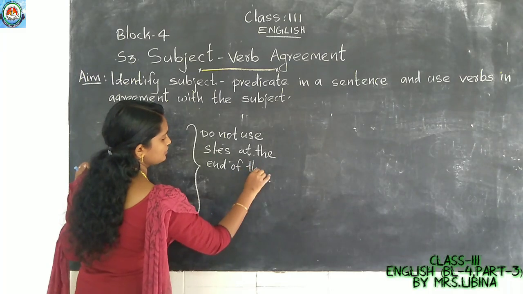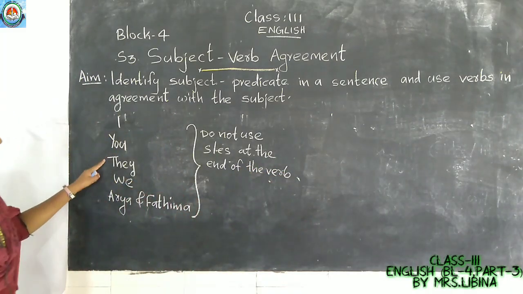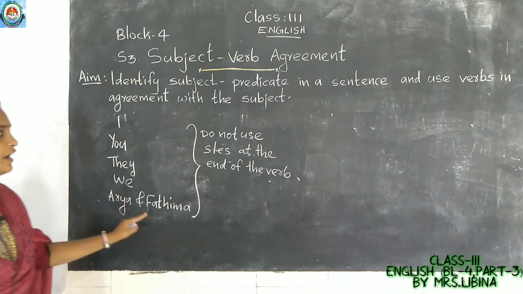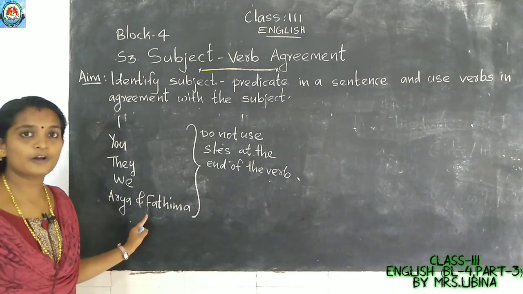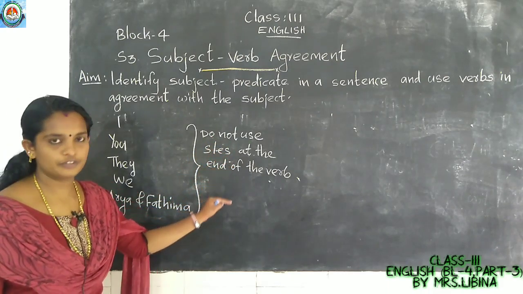I, you, they, we, Arya and Fatima: that's an example for plural noun. Do not use S or ES at the end of the verb.